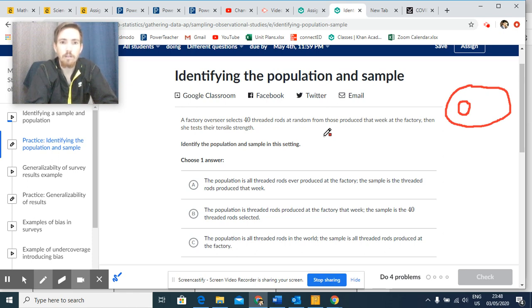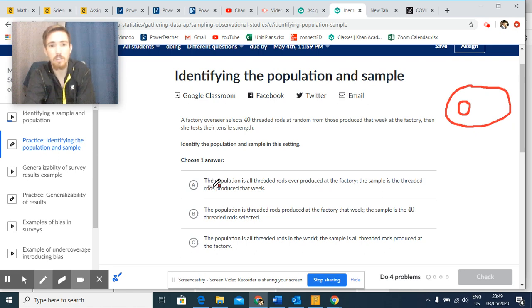The reason you would do this is you're trying to find out whether the tensile strength of these threaded rods is up to code, that these rods are strong enough. So she selects 40 at random with the assumption that the tensile strength of those 40 rods will be the same as the rest of the population.